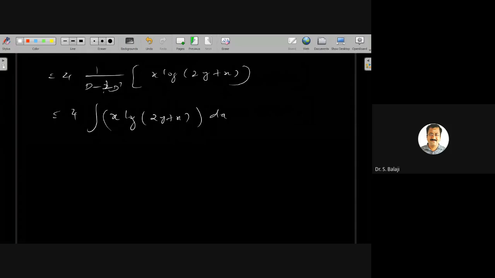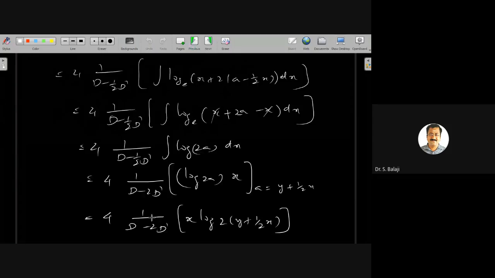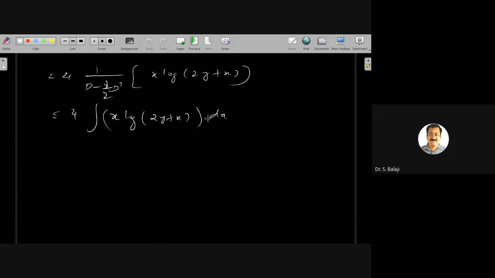After this, you have to change y as a minus of x before integral here: x log of 2y plus x, with y as a minus of x, dx.